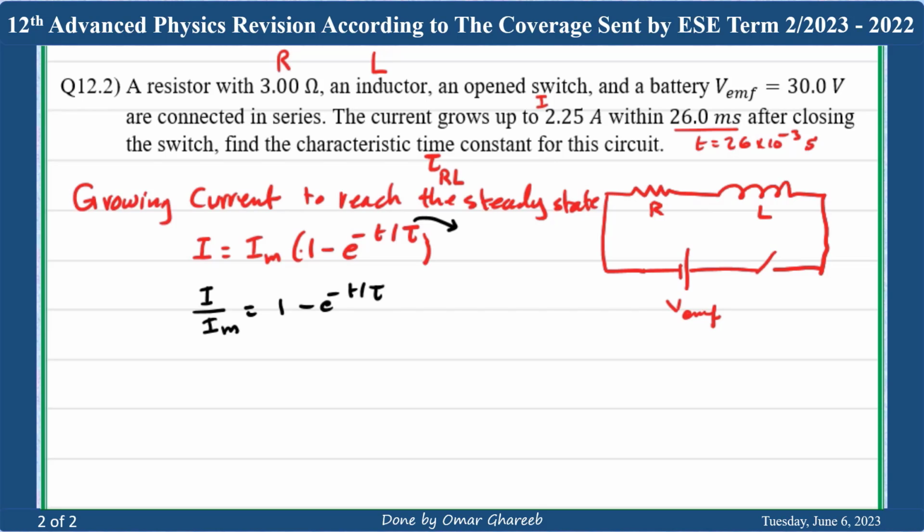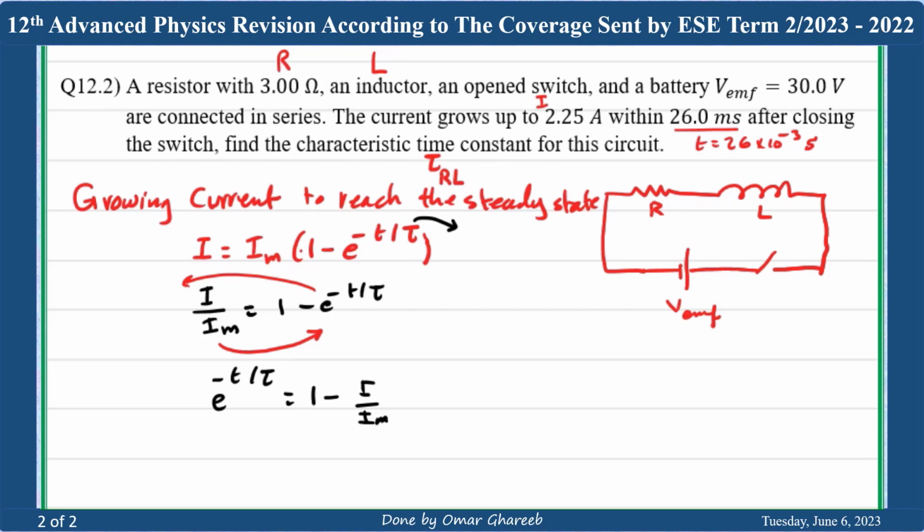Now, rearranging, I will take it like this: e to the minus t over tau equals 1 minus I over I maximum.